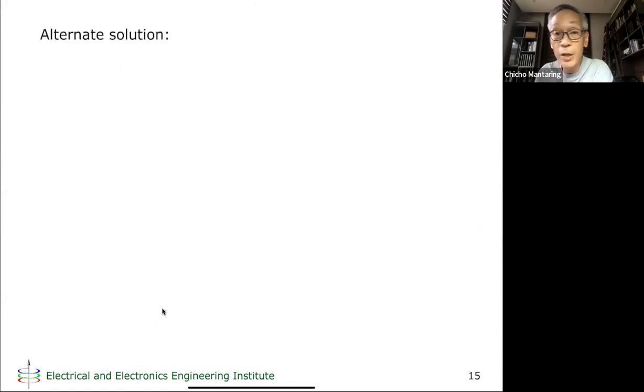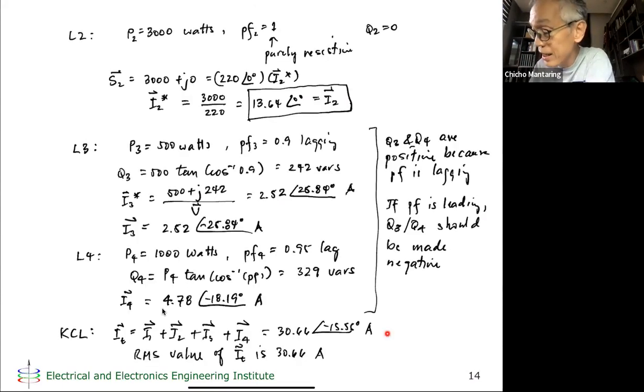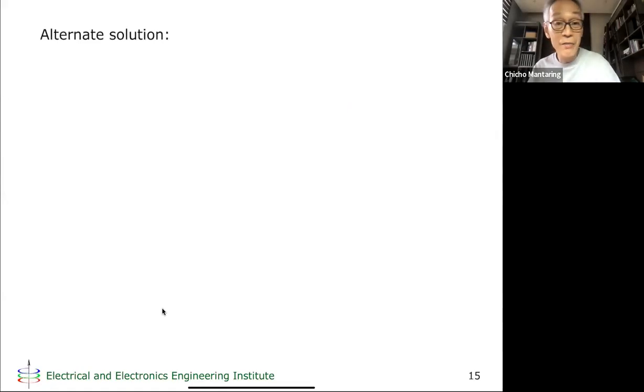Now, is there another way of solving this problem? Let me just describe an alternate solution. Sabihin natin, ayokong mag-phasor addition dito. What could I have done?